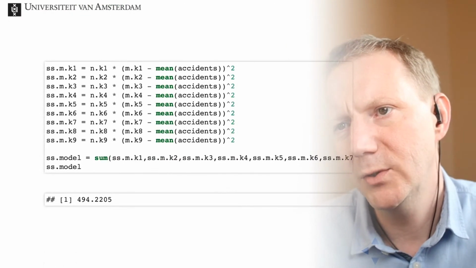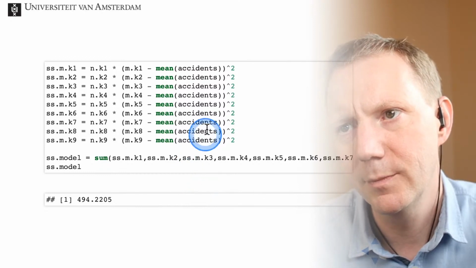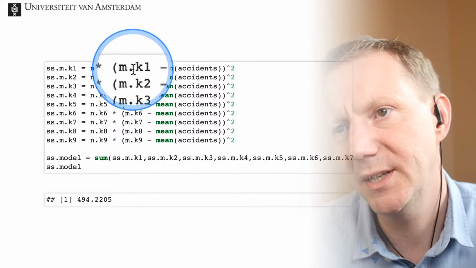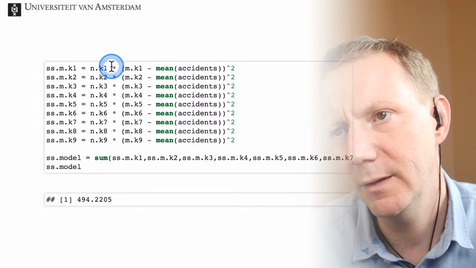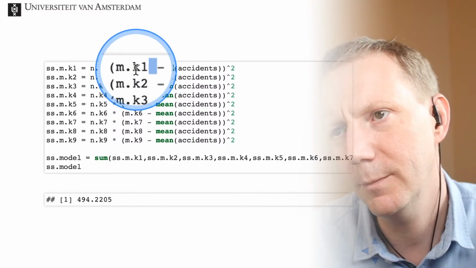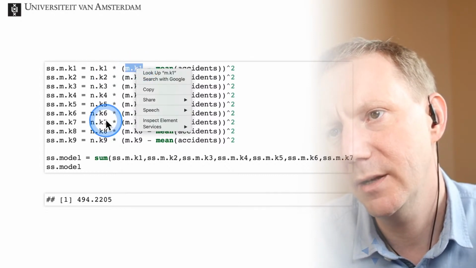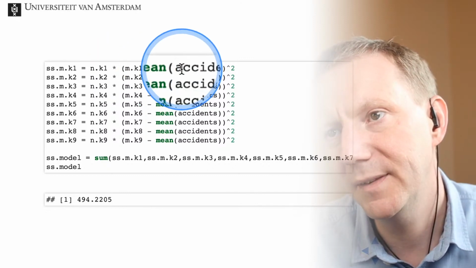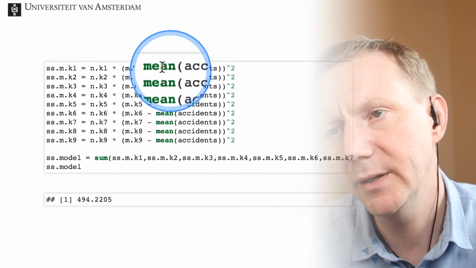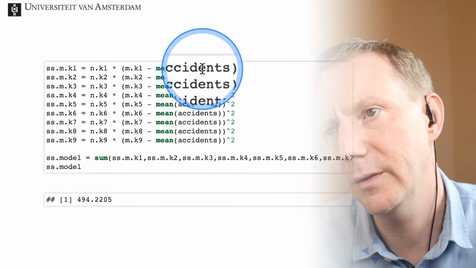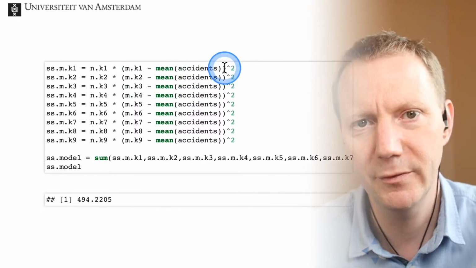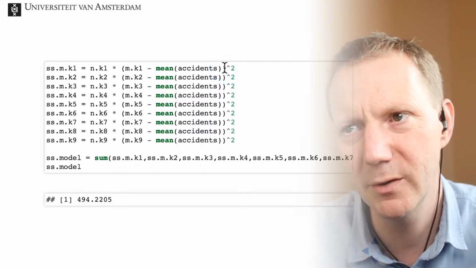So if I want to calculate the sums of squares for the model, then I have to look at what's the difference between the group mean, everybody in group 1, and the total mean. So it's the mean of all the accidents. I have to square those distances, because if you don't square them, they add up to 0.